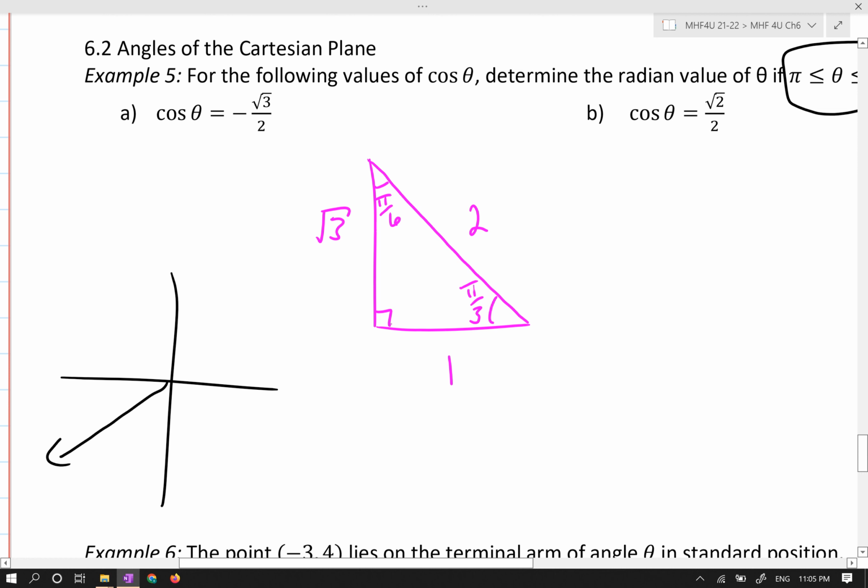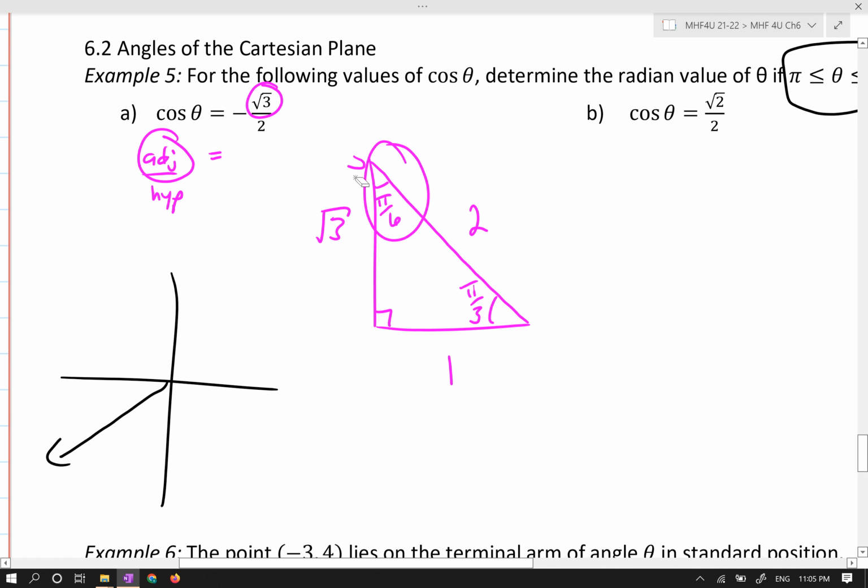So then I ask myself, if I'm working with a cosine ratio, that is equal to an adjacent side over a hypotenuse. Well, an adjacent side over a hypotenuse equal to the square root of 3 over 2. Then I need to ask myself, which angle has an adjacent side of the square root of 3? Well, the square root of 3 is right here. That is adjacent to what angle? Pi over 6.